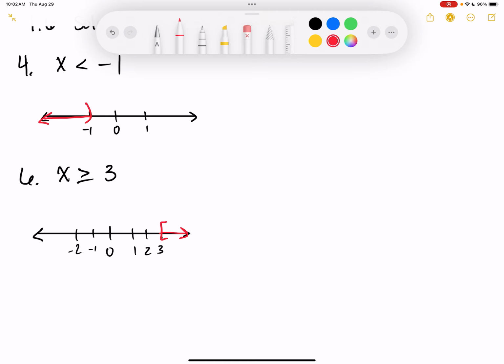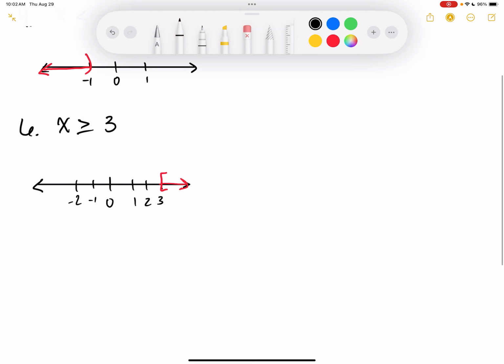All right, they could also give you one that's already graphed and want us to write it in inequality form. So if they gave us something like number 12 on the number line, it goes from -2 to 4, like the stuff on the graph. Oh, I made those too big.